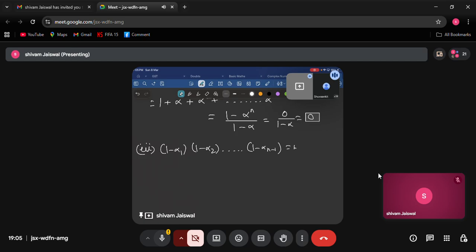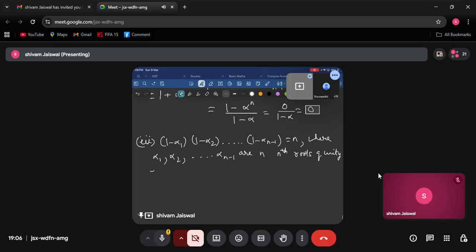This will be equal to n, where alpha 1, alpha 2 up to alpha n minus 1 are the n nth roots of unity except 1.